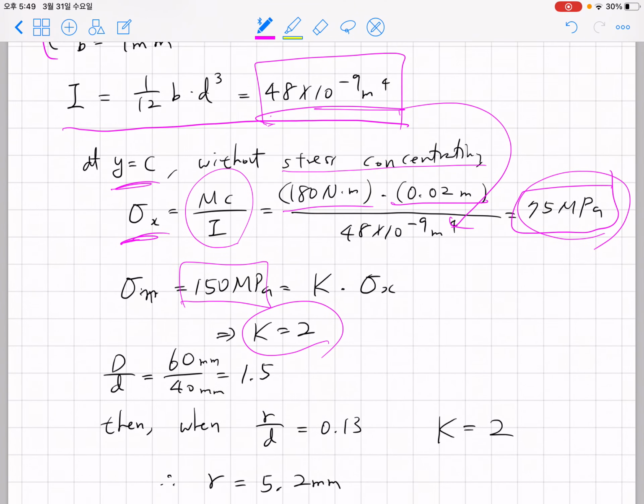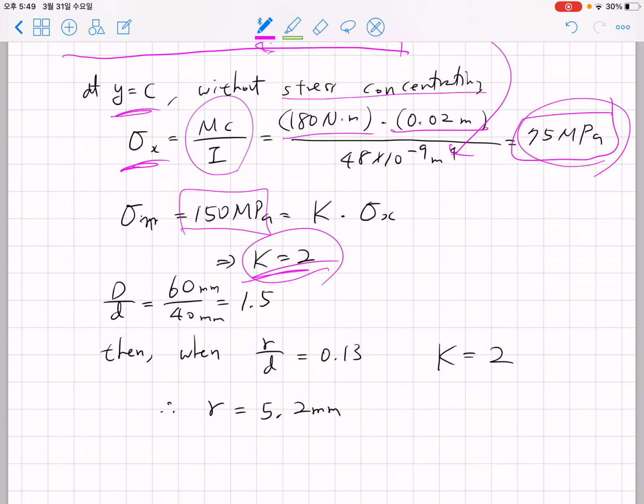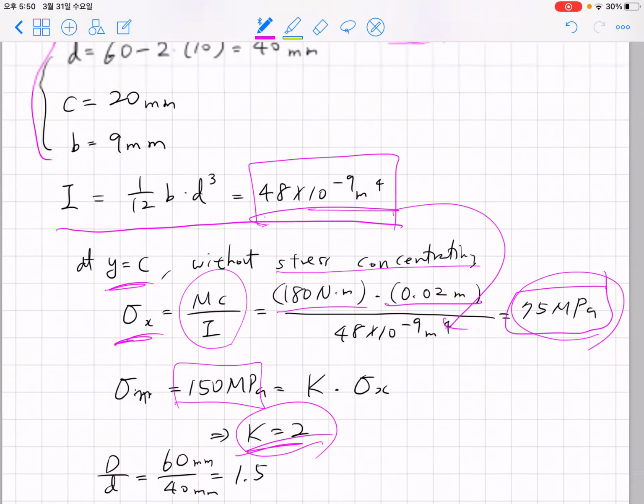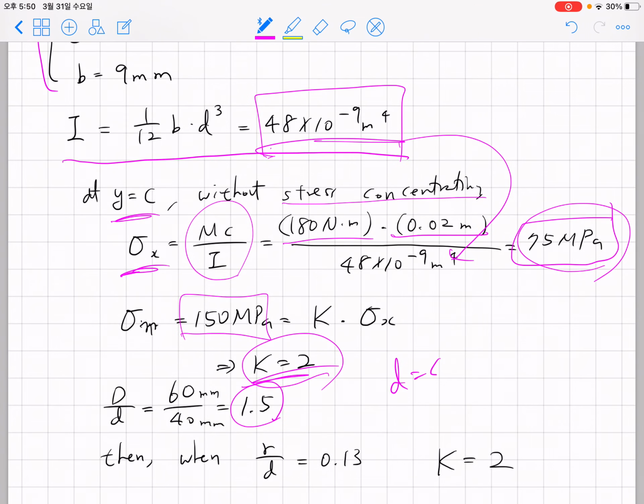So we have to find the location where K equals 2 in the stress concentration diagram. First, let's consider the ratio between big D and small d, and the D over d ratio is 1.5. And d is given as 40 millimeter. So we have to obtain the value of r over d when K becomes 2.